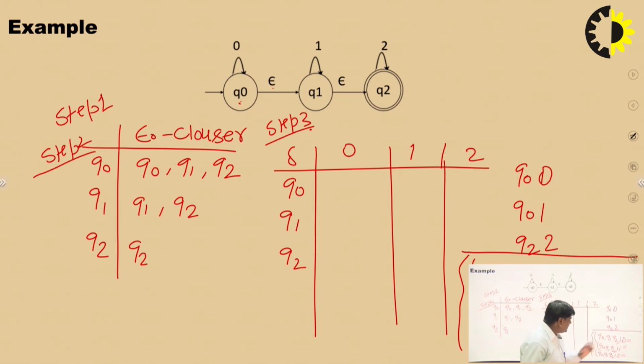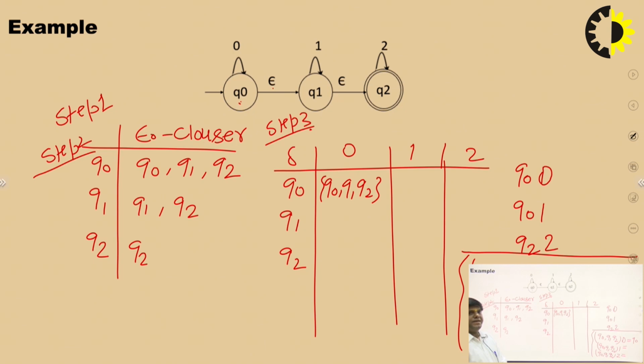Now, Q0 has no transition, Q2 has no transition. We find that the only resultant state is Q0. What is the closure of Q0? That is Q0, Q1 and Q2. If there are more than two states, we take the union of these states, and that is the transition table of the NFA.